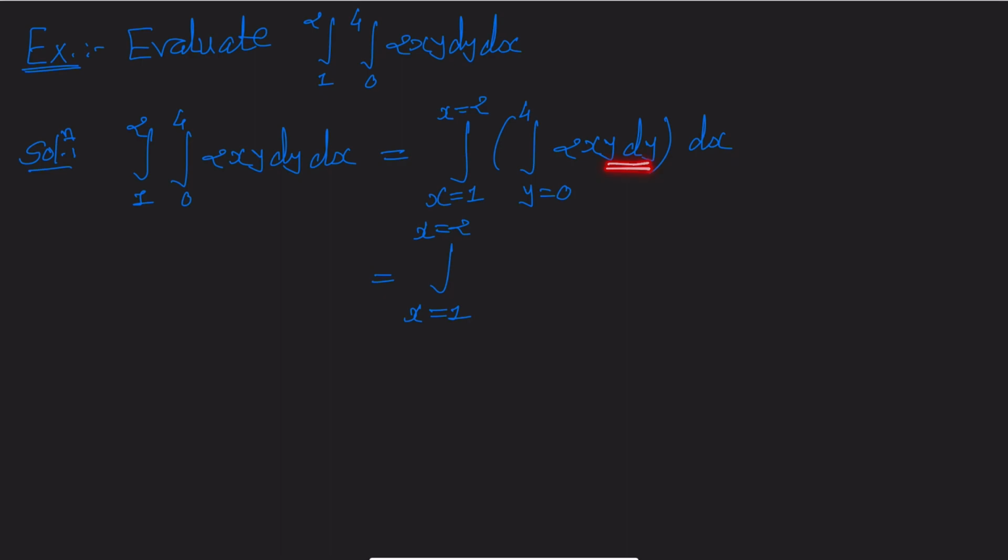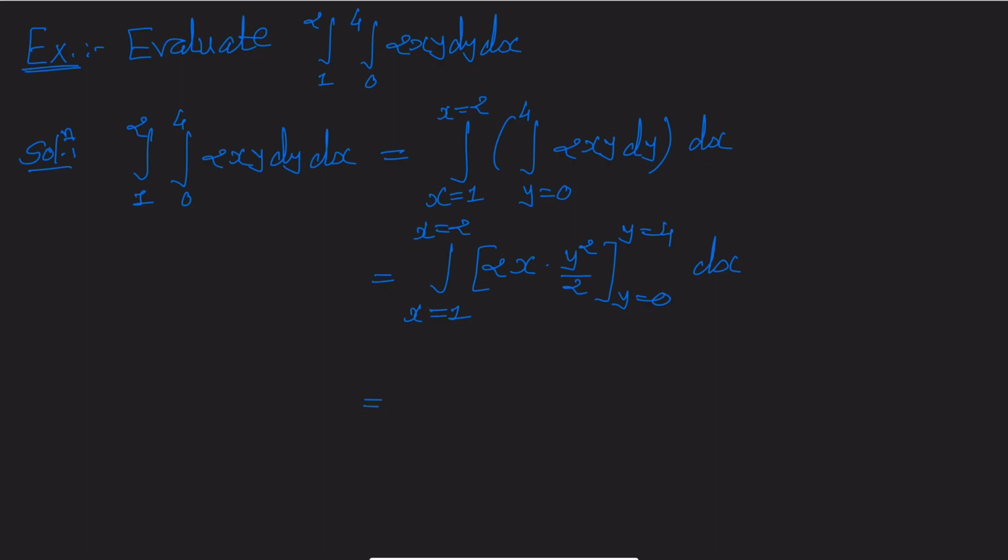When we integrate with respect to y, it is assumed that x is constant. So 2x is the constant quantity. Integration of y is y square divided by 2, with the limit y is equal to 0 to y is equal to 4, dx.